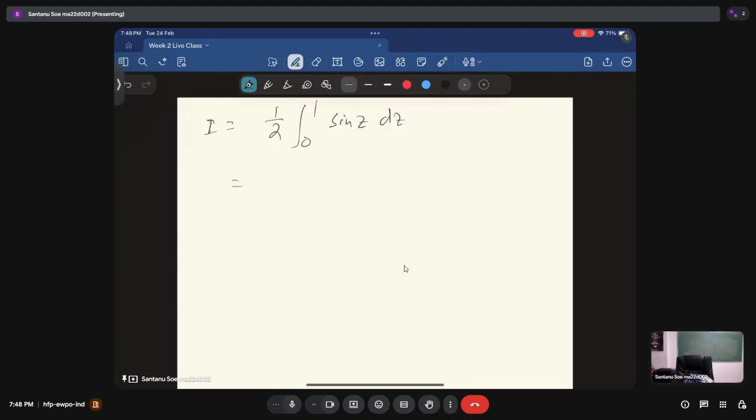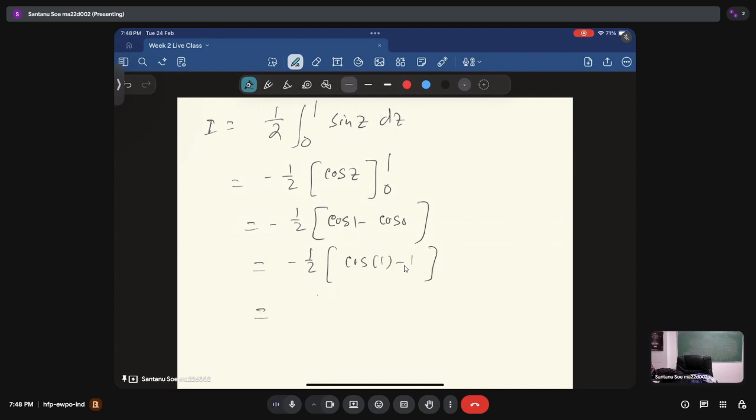So this will be minus of 1 by 2 cos z from 0 to 1. So this is gonna be minus of 1 by 2 times cos of 1 minus cos of 0, or in other words minus 1 by 2 cos of 1 minus 1, or we can write it as 1 minus cos of 1 divided by 2.